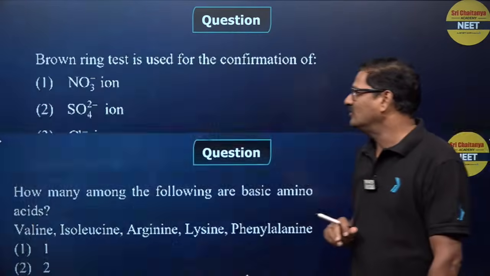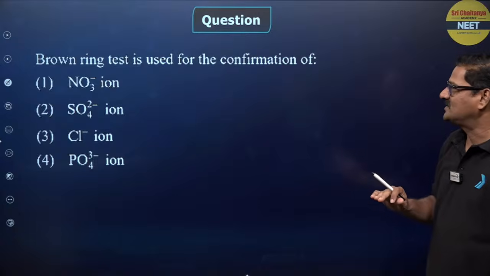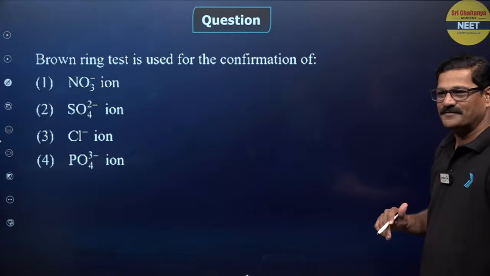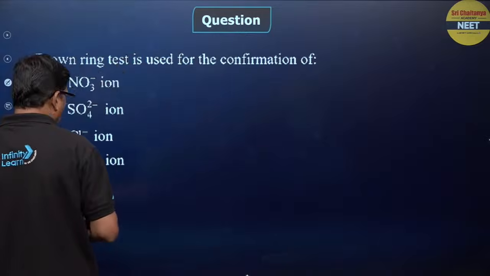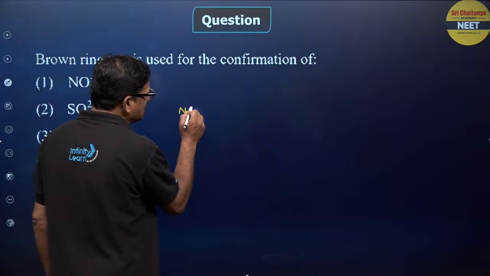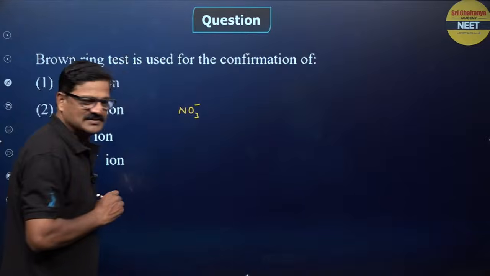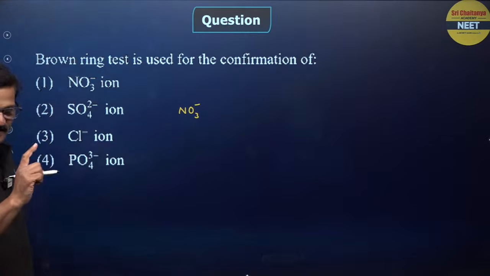Fantastic, beta. Now moving ahead, brown ring test is used for the confirmation of... The principle behind this brown ring test is to confirm the nitrate ion.